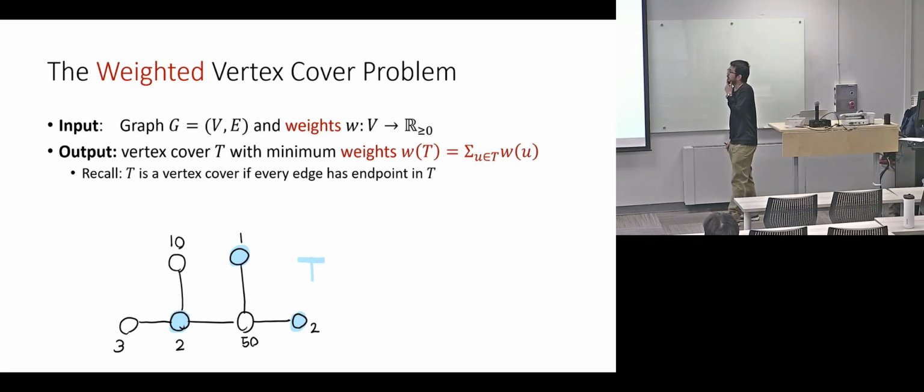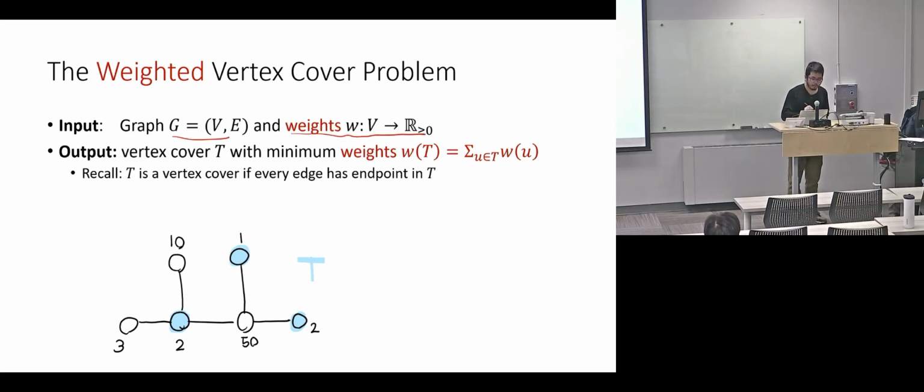So this is the problem that you are by now familiar with. You have a graph, and now it has weights. Vertices have weights, and you want to find a vertex cover with minimum weights. The total weight here is minimized.